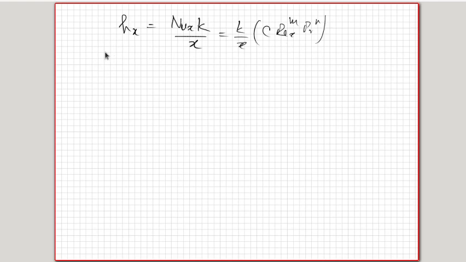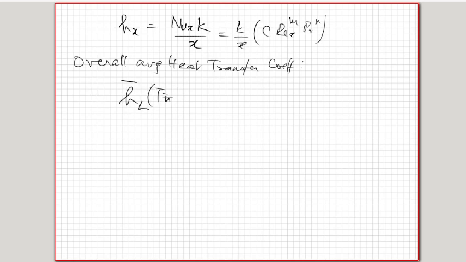After that, if you want to get the overall average heat transfer coefficient, how do you define that? H bar over the length L is nothing but H bar multiplied by (T wall minus T infinity) into the length of the plate multiplied by unit width.